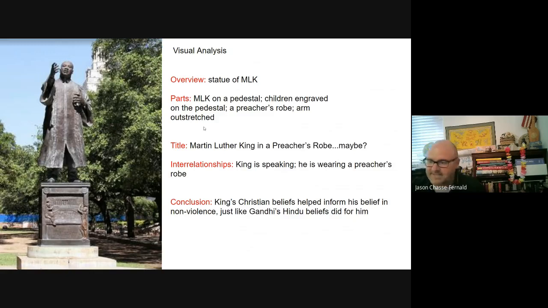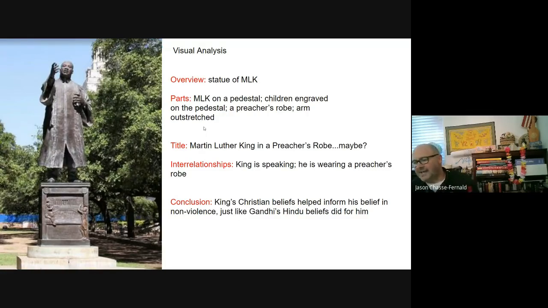Thus, something to the effect of: Dr. Martin Luther King Jr. is being portrayed wearing his preacher robe and giving a sermon, and this influenced the way that he approached the civil rights movement, and informed his belief in nonviolence, right?